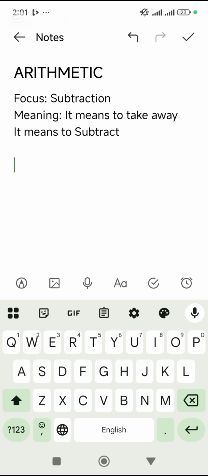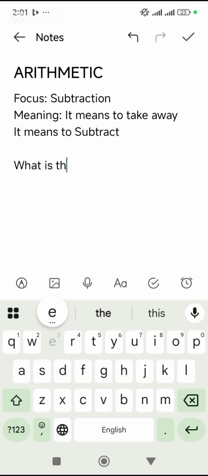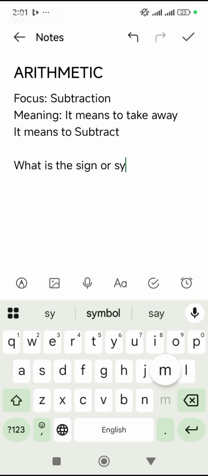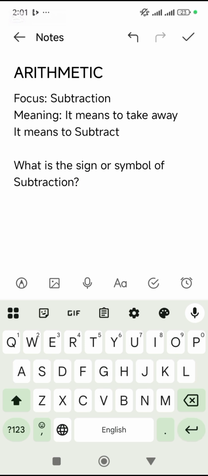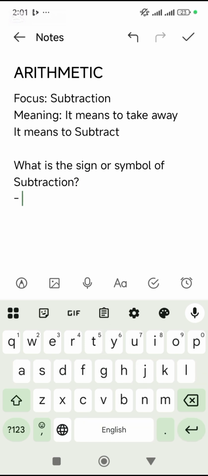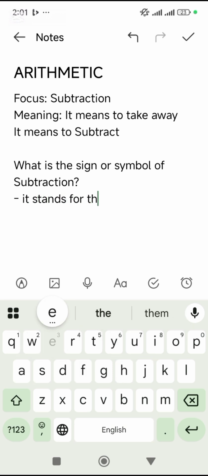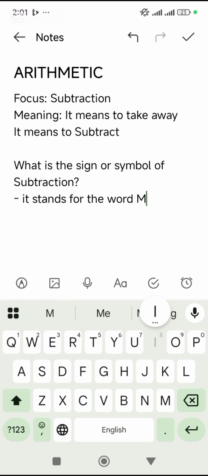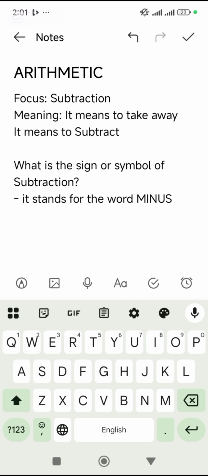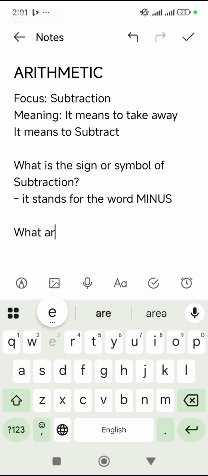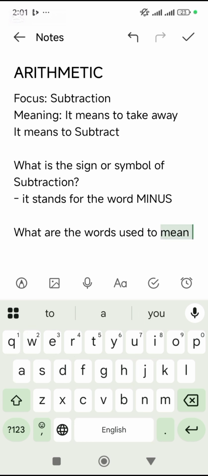Okay, and so what is the sign or symbol of subtraction? The sign or symbol of subtraction is this, and it stands for the word minus. What are the words used to mean subtraction?